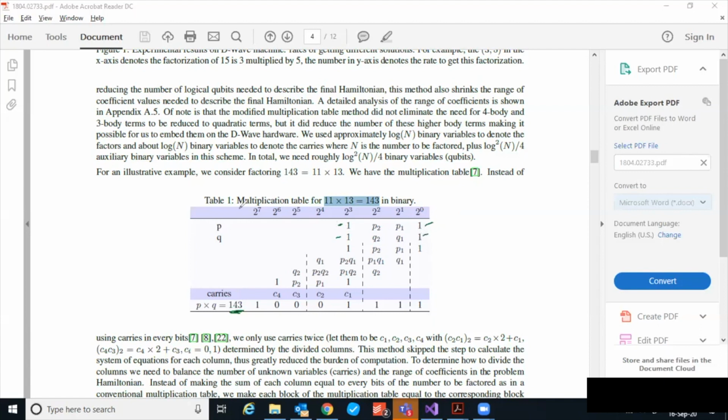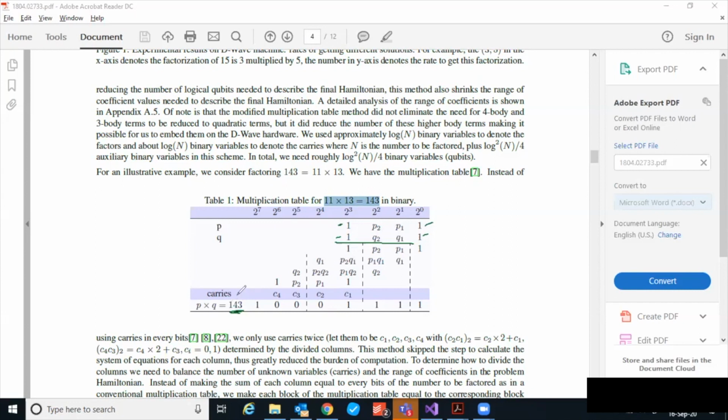So this is basically a multiplication table for P into Q, which is 143. Here we start with the multiplication. 1 is multiplied by all these numbers, we get the same number. Then we multiply all these numbers with Q1, so you get Q1, Q1 P1, Q1 P2, and Q1 here, and similarly for all the four digits.